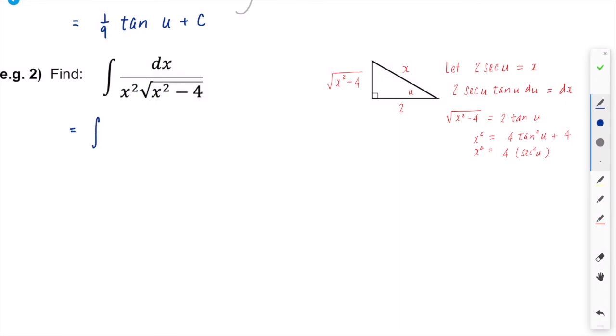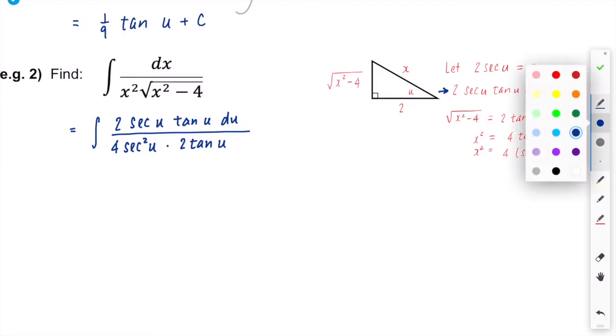We're going to replace dx by the second line here, 2 secant u tan u du. x squared is 4 secant squared u, and the square root of x squared minus 4 is 2 tan u, like that.